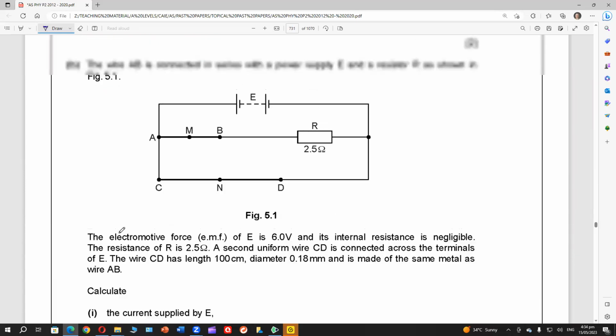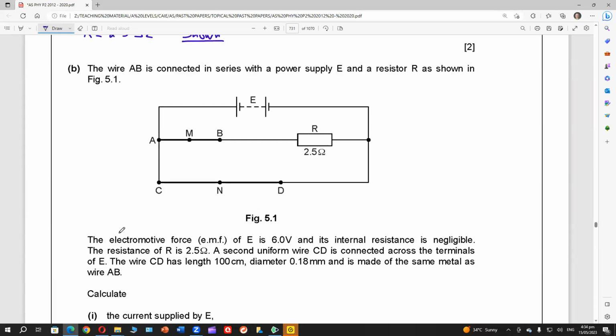The wire AB is connected in series with a power supply E and a resistor R as shown in the figure. There is a wire AB with a power supply E and a resistor R. Where is resistor R? Okay. An EMF of E is 6 volt and its internal resistance is negligible.